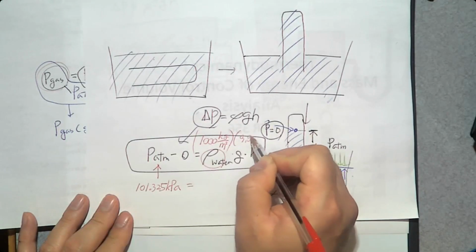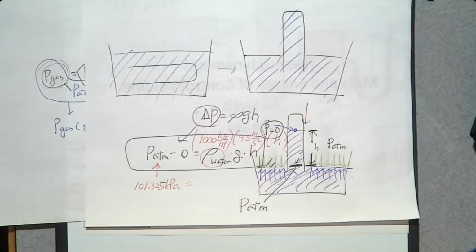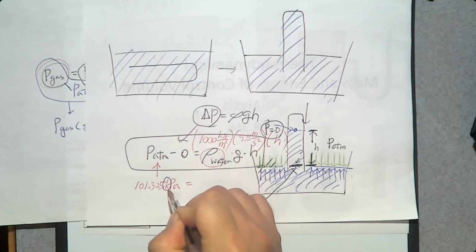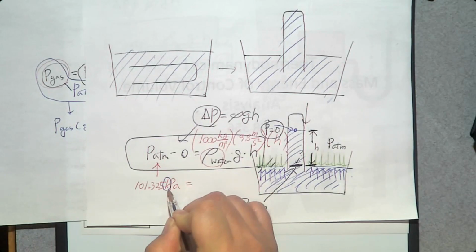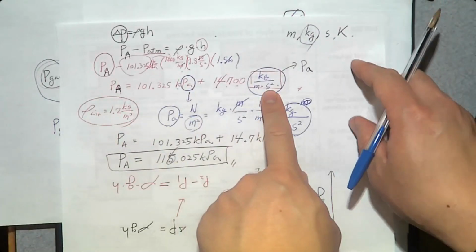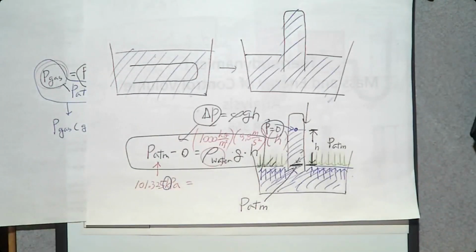Gravity is 9.8 meter per second square times h. But be careful, there's a kilo. We just applied the dimensional homogeneity in the previous slide, and we confirmed that kilogram per cubic meter, meter per second square, meter is going to be Pascal, right? Here, this one is Pascal, not kilopascal. So be careful when you do the calculation here.